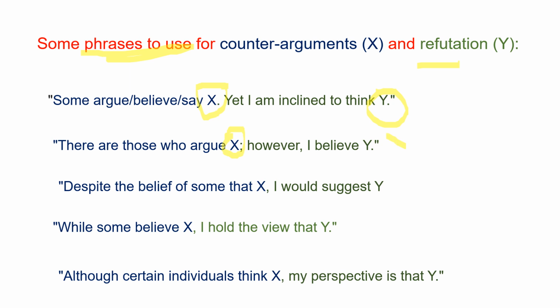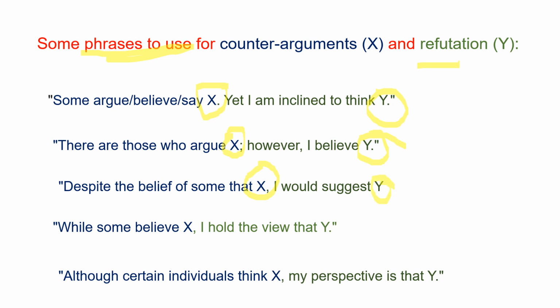However, I believe, and you give your idea, that they may be given for a limited time so that they may research things. Another way can be, despite the belief of some that homeschooling is better, I would suggest that traditional schooling is far better, because it has multiple benefits for students.